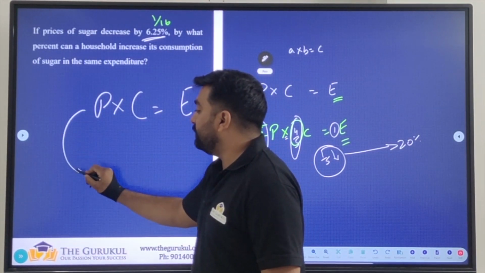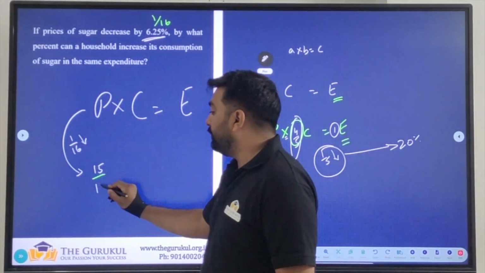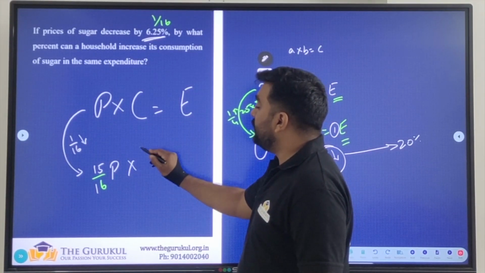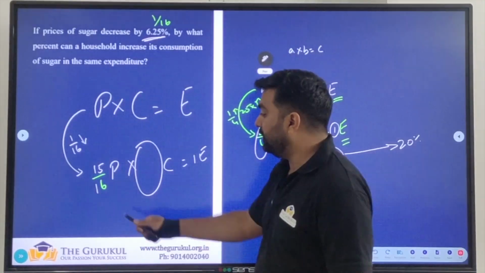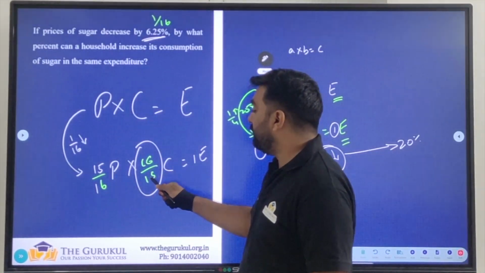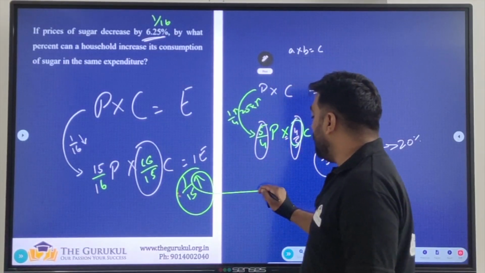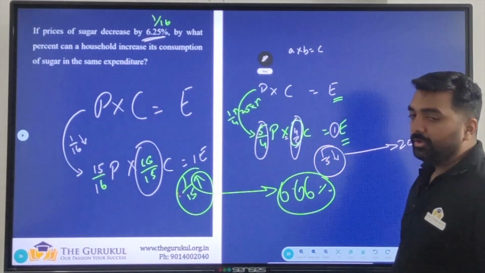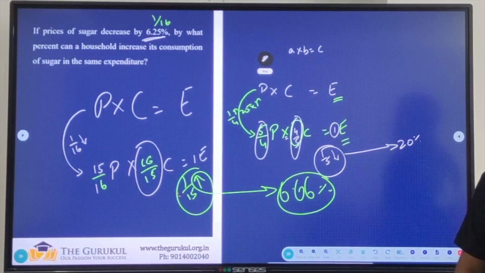So the new price will be a 1 by 16 decrease, so 15 by 16 into P. Something should happen for consumption so that expenditure remains constant. This should be 16 by 15, which is 1 by 15 increase. Answer is 6.66%. No calculation, nothing. Just by looking at the question, we can answer.